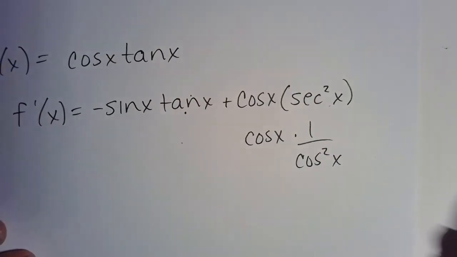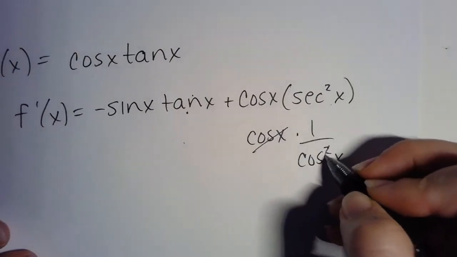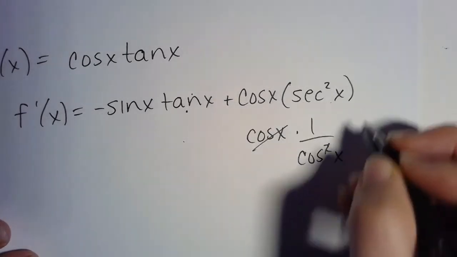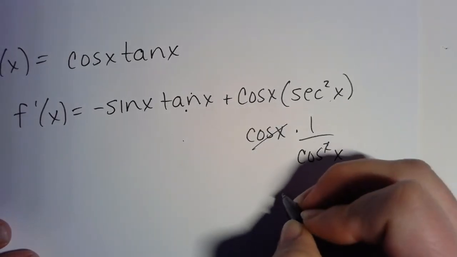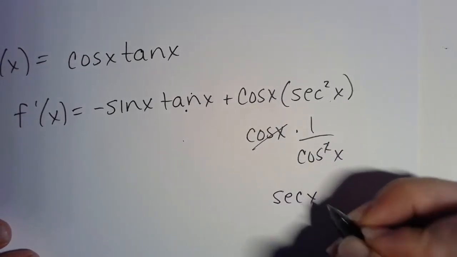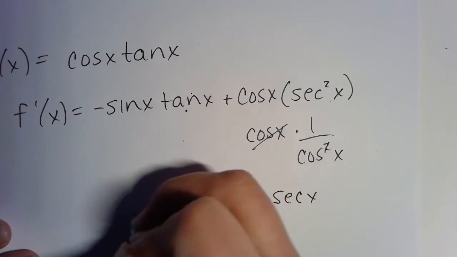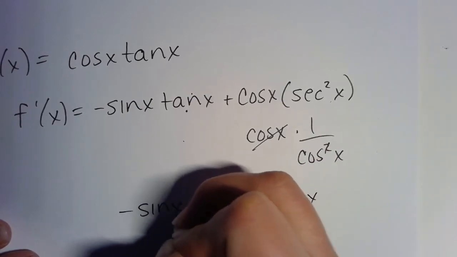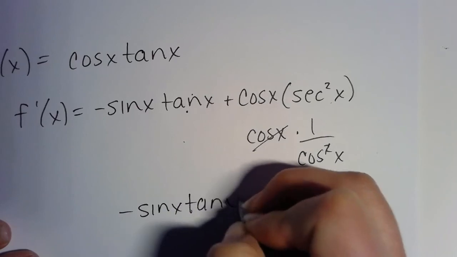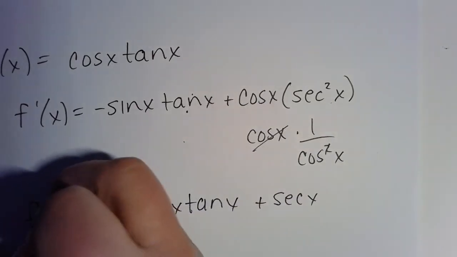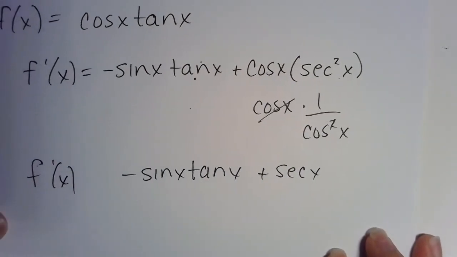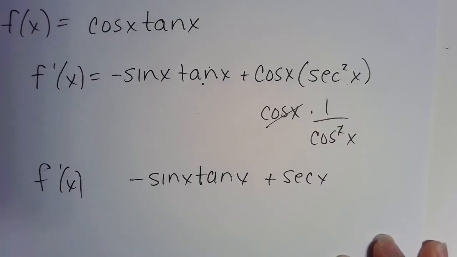And so this cosine would cancel with one of these, and then this whole side would just be 1 over cosine, which would just be secant of x. So I could simplify it a little bit by doing that. It's not necessary, I'm just pointing out that it could be. This is an equivalent answer. Okay. All right.